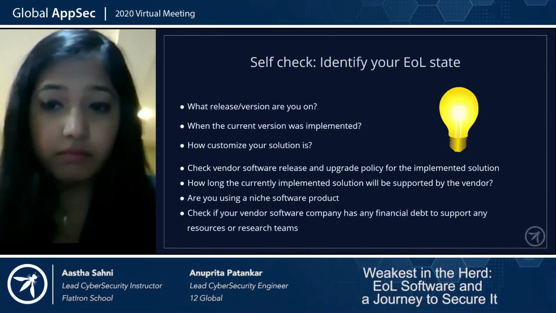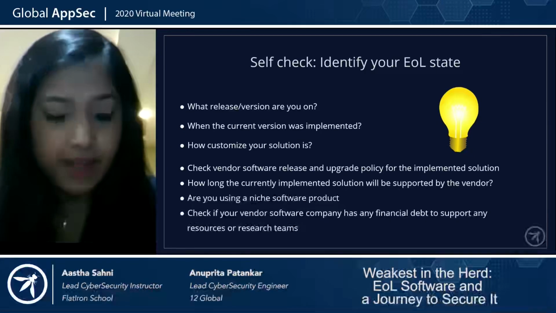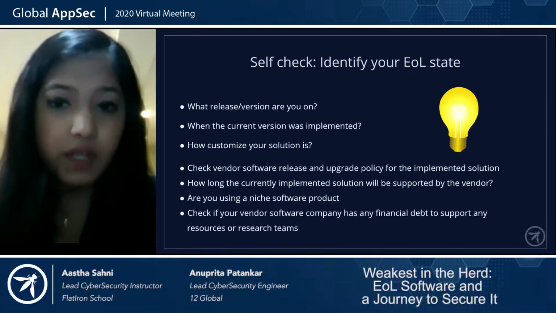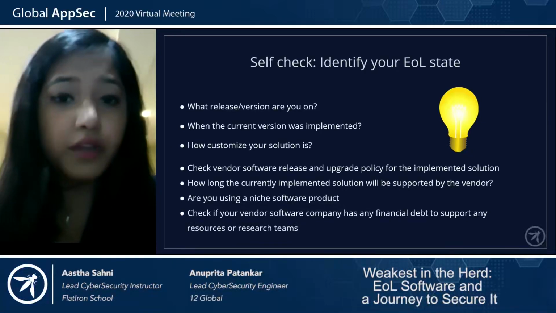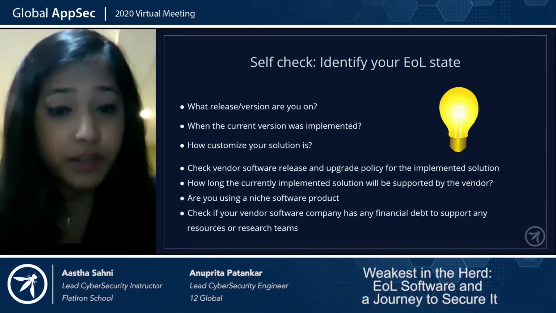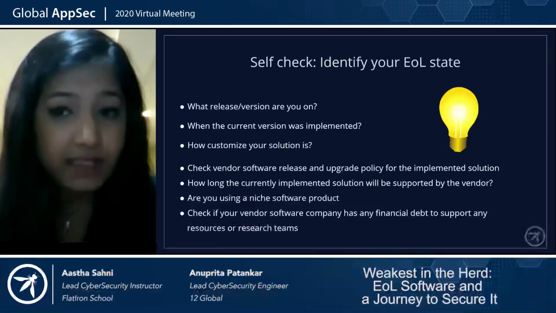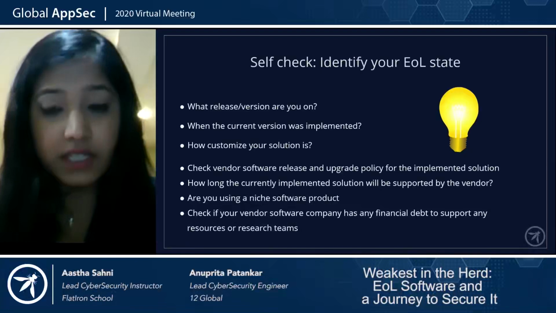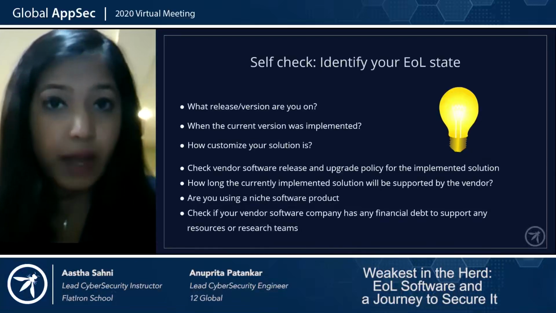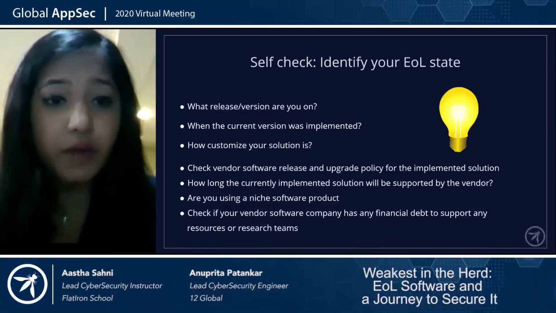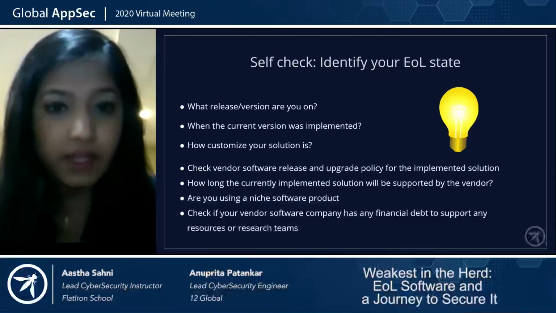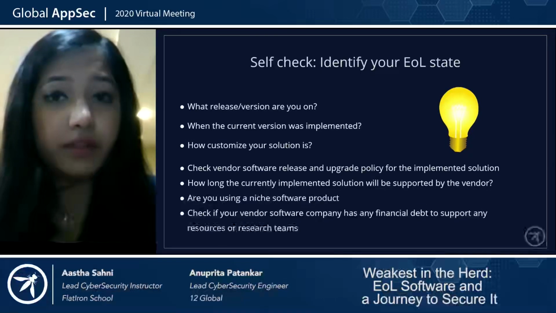Now, if you want to understand your current state with an end-of-life system, it is very important for you to know the release and upgrade policy details and implementation details specifically for your application. It also documents the currently implemented solution support details, and it is very important when taking decisions about your end-of-life system.